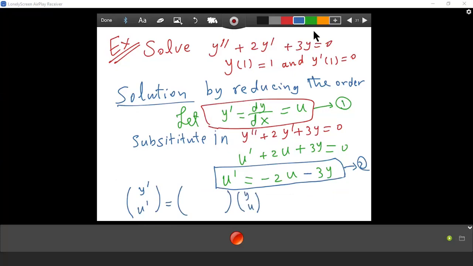If you have constants, okay. Can you give me the coefficient matrix, please? Hello, guys. Can you give me the coefficient matrix?